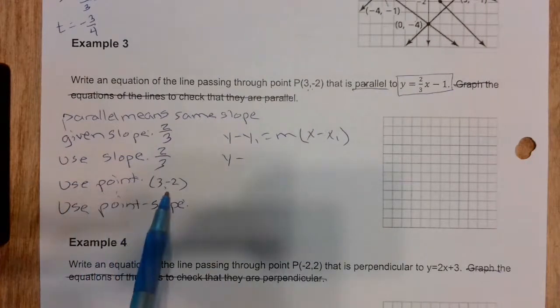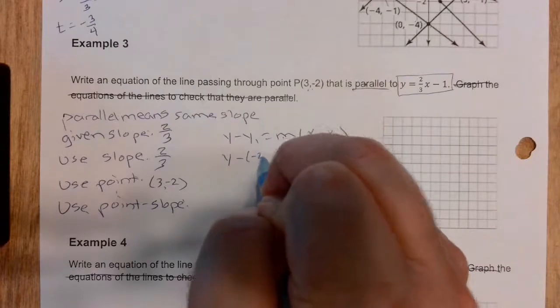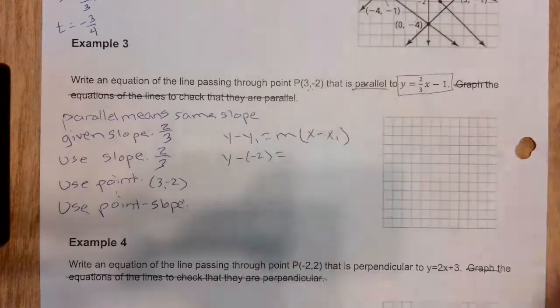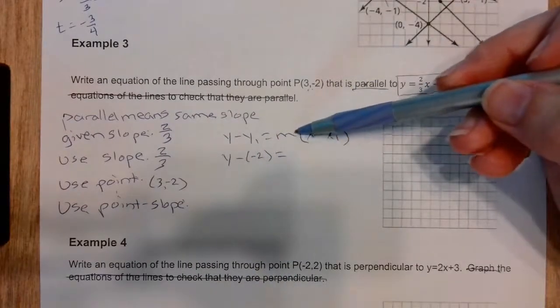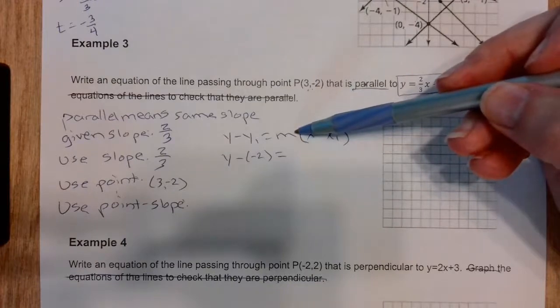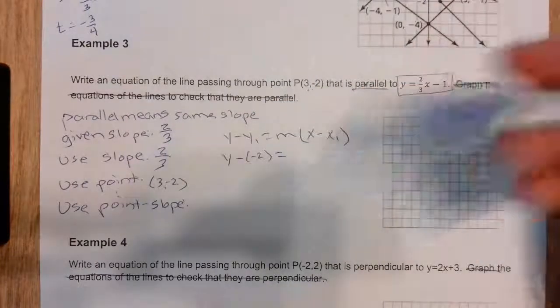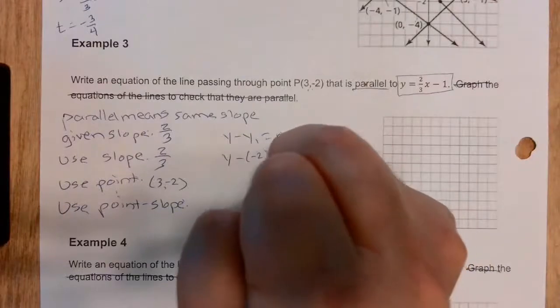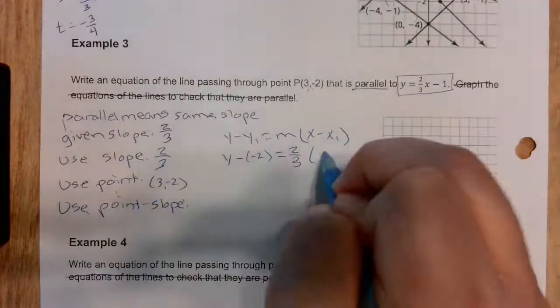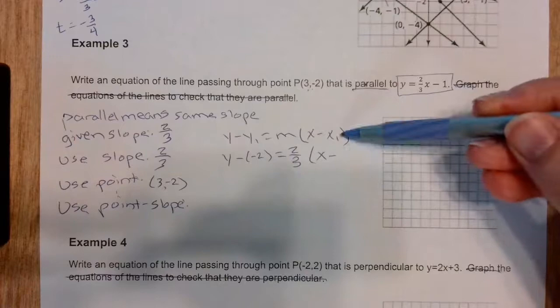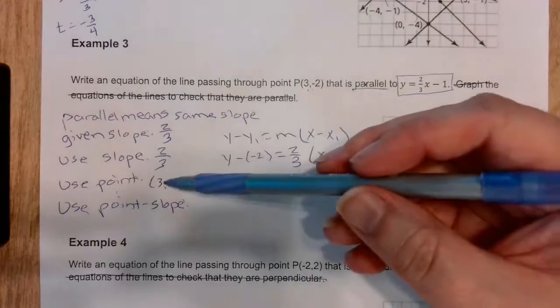Well, here, use the point 3, -2. Which one's the y value? -2. M is the slope we are supposed to use, and it says use slope 2/3, so 2/3 parenthesis x minus x1 is the x value of our point, 3.